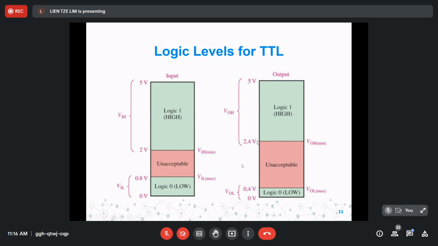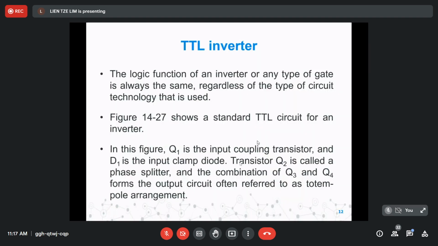With these two diagrams, we can evaluate the noise margins of the circuit, and also easily see which voltage ranges can be interpreted as logic 1 and logic 0 at the input and output. This is not difficult to understand. I have shown you a similar diagram before, under the static CMOS circuit.